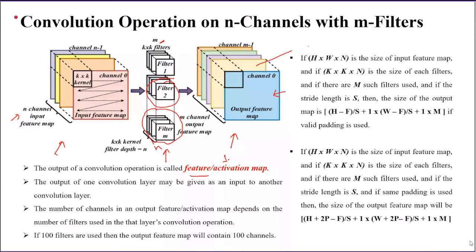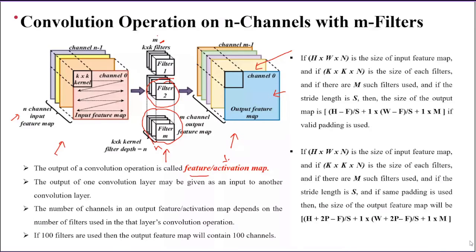If you increase the number of filters, the output feature map will increase in channels. So if you are using m filters, you will have m channels in the output feature map.